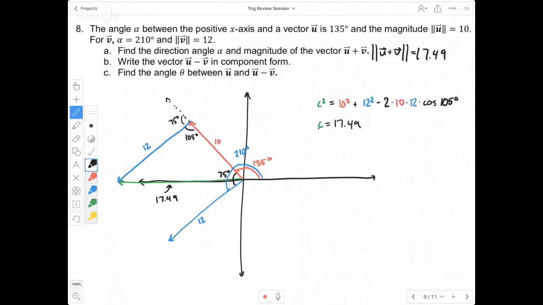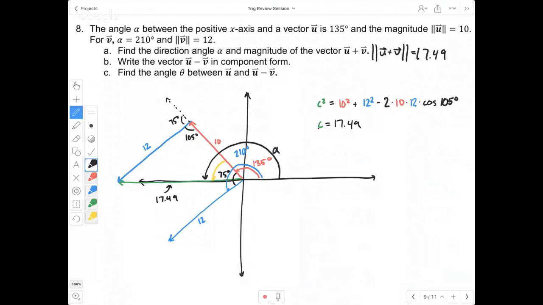So how many degrees are there here? I know I went 135 degrees to get to this red vector. If I could find the angle here, I could add it to 135 degrees, and that would tell me how many degrees I go all the way around. This is alpha.